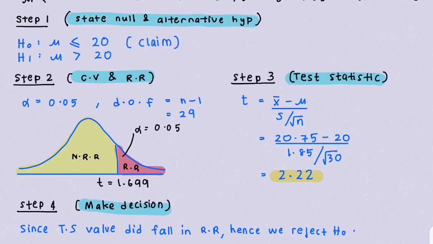So 2.22 falls somewhere here in your rejection region. So how you decide? Since the test statistic value did fall in rejection region, hence we reject the null hypothesis. So every time your test statistic value falls in the rejection region, you will reject your H0.